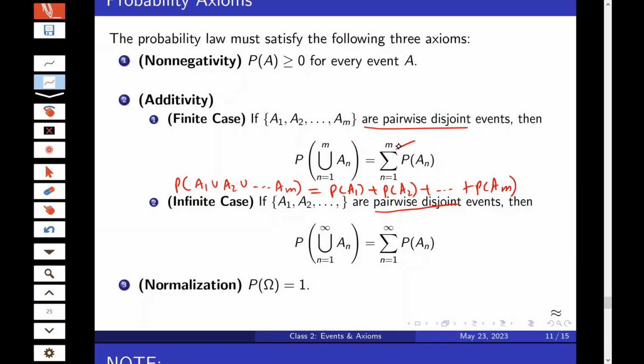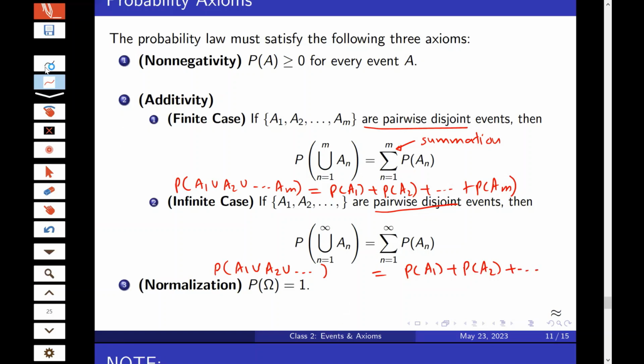So this means summation. Similarly we can expand this one: A1 union A2 union all the way to infinity is the same as P of A1 plus P of A2 all the way to infinity.